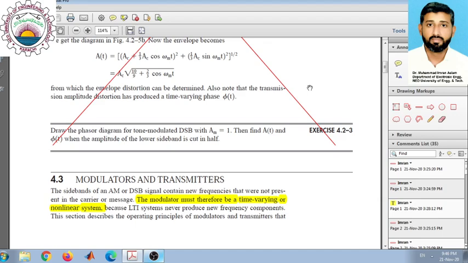So I have taken the lecture notes from the textbook directly. This is actually section 4.3 from our textbook, that is Bruce Carlson. We'll be starting this section 4.3 here, which talks about the modulators and transmitters in AM modulation.